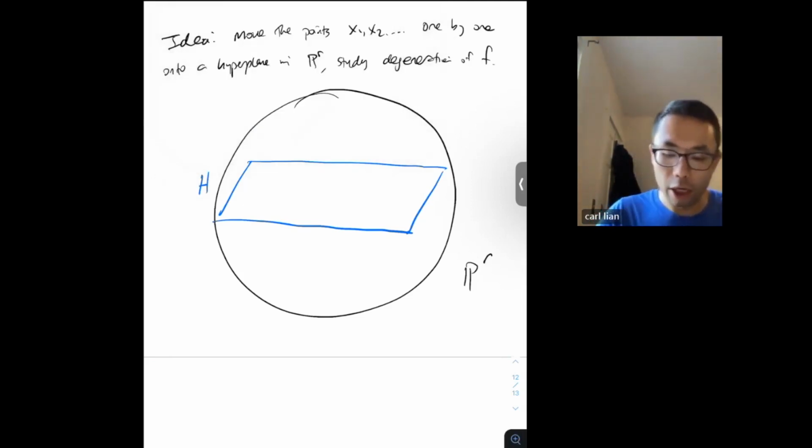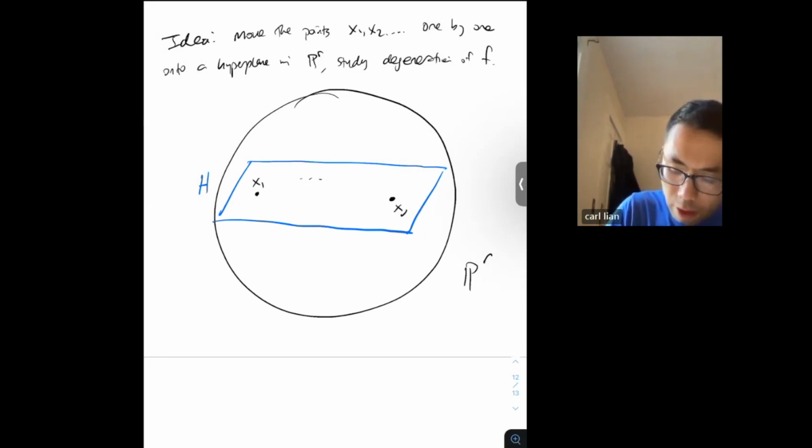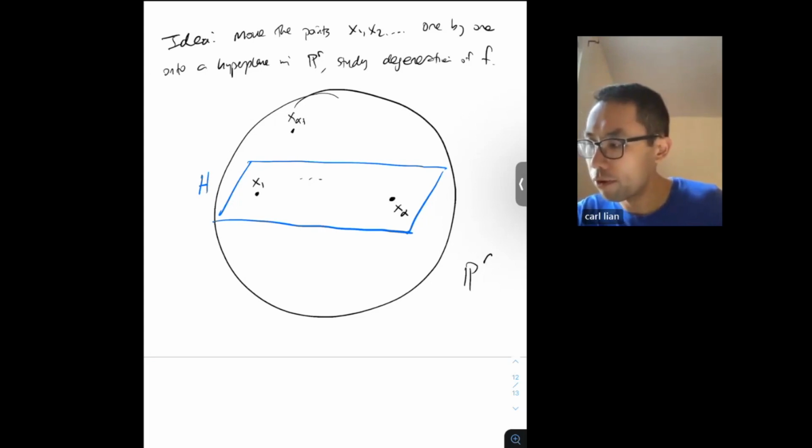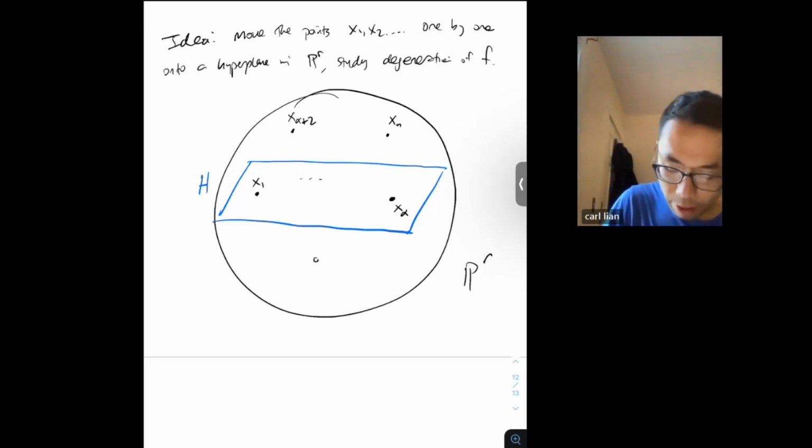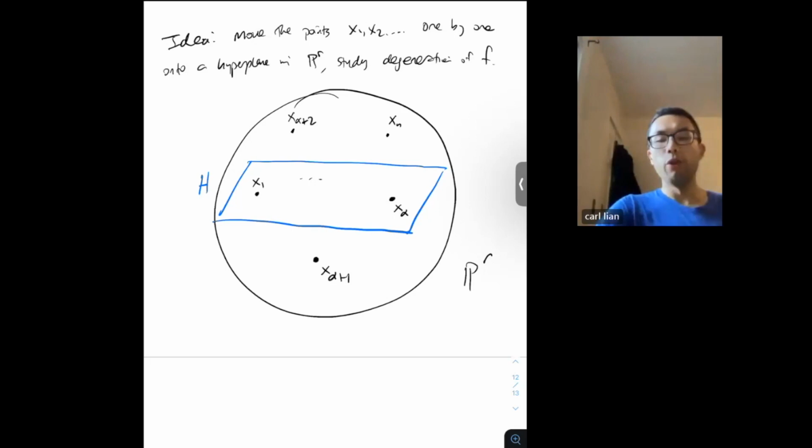I want to imagine that initially I have, let's say, alpha points, x1 up to x alpha, that I've already moved onto H. And then I have a bunch of points that are not on H yet. Then I'm going to take x alpha plus 1, and imagine moving it closer and closer to H, until it lands on H.